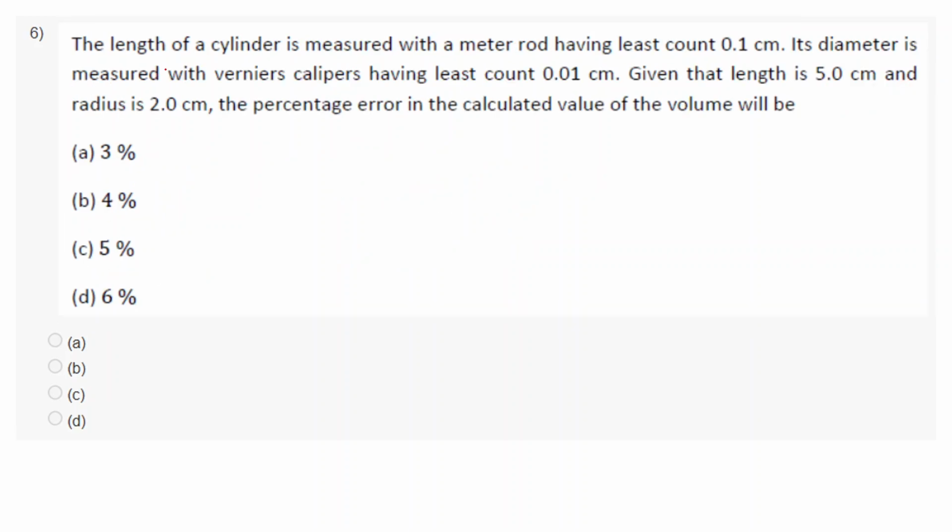Next is, the length of a cylinder is measured with a meter rod having least count of 0.1 centimeter. Its diameter is measured with a vernier caliper having least count 0.01 centimeter. Given that length is 5 centimeter and radius is 2 centimeter, we need to calculate the percentage error in volume. So this is a problem on a cylinder.